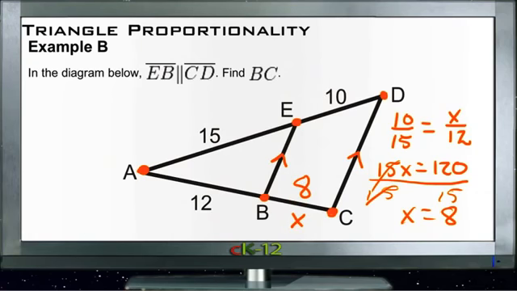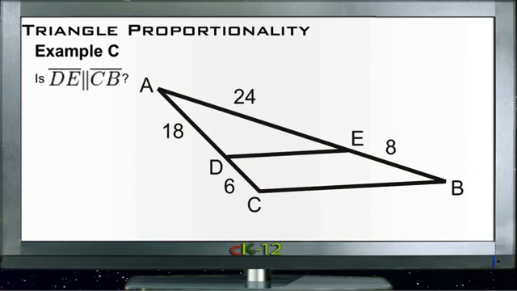All right, let's take a look at example C. Example C says, is DE, so this line here, is it parallel to CB down here? And we'll do it in yellow. So is our orange line parallel to our yellow line?